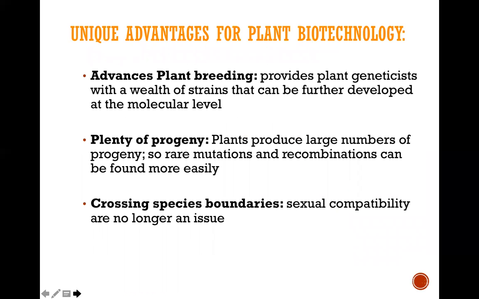Now, biotechnology in plants has allowed us to advance further than selective breeding or hybridization has up until this point. While the advantage of plant breeding is that it allows for lots of genetic diversity, and we have vast numbers of plants that produce lots of offspring, plant biotechnology allows us to overcome the need for sexual compatibility.